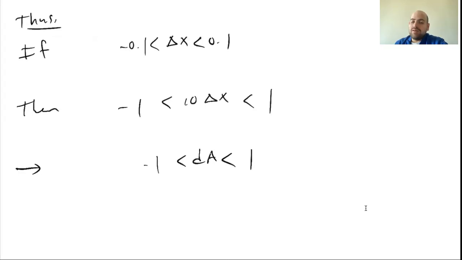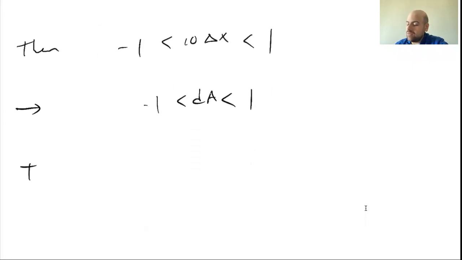So the estimated error in computing area will be 1 centimeter. dA is an approximation for delta A, which is the error in computing the area.